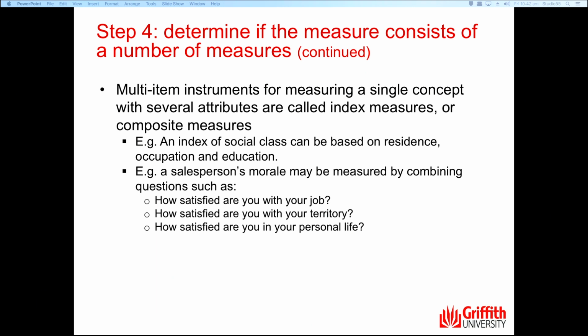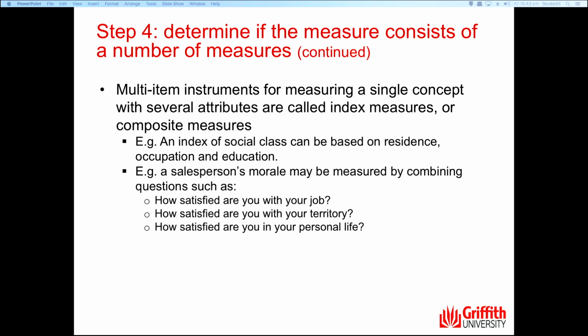The way to measure this is that we usually use multi-item instruments to measure a single concept with several attributes, usually called an index measure or composite measure. An index of social class can be based on a combination of residence, occupation, and education.